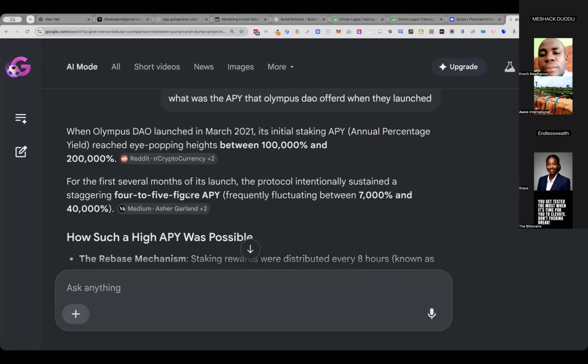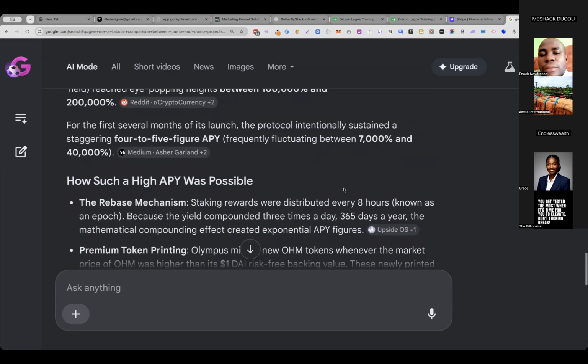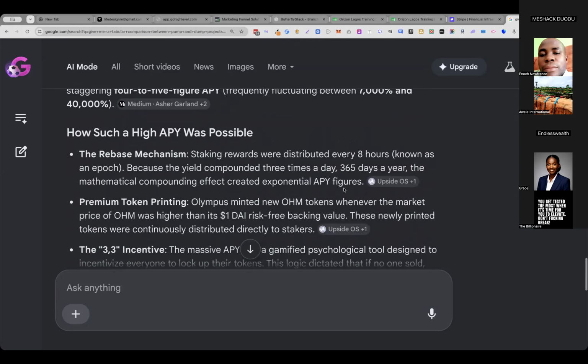As you can see here, for the first several months, the protocol intentionally sustained a 4 to 5 figure APY, frequently fluctuating between 7,000 and 40,000%. So they launched with 200,000%, and then it began to decline, and it began to range between 7,000 and 40,000%. So where was this coming from?